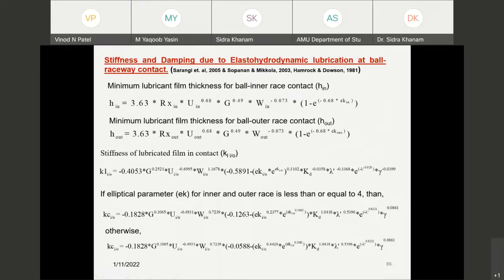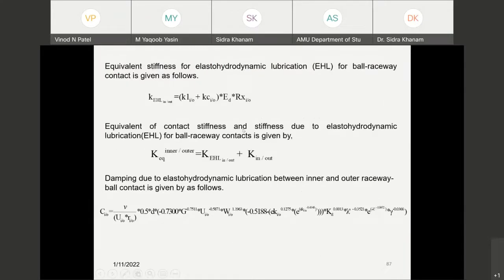Their approach to the dynamic model was different from this one. So by considering this damping effect, the stiffness due to the elastohydrodynamic damping has been added into the damping of inner and outer race which we derived. Some additional part we have added over here, considering the parallel connection between them.